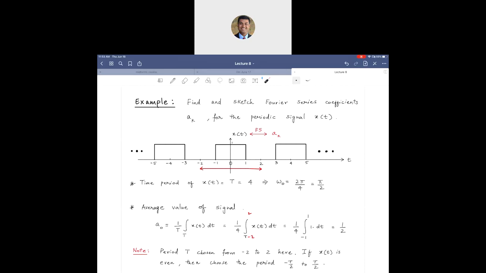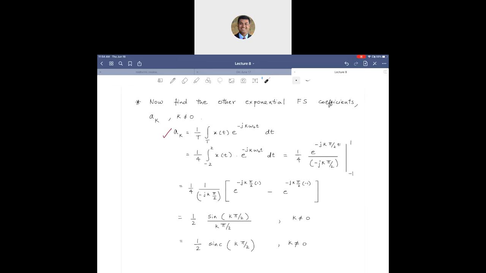In general, if x of t is even, like it is over here, then choose the time period as negative T/2 to T/2, where capital T is the time period. So this note comes in very, very handy when you're dealing with the math related to finding a sub k.